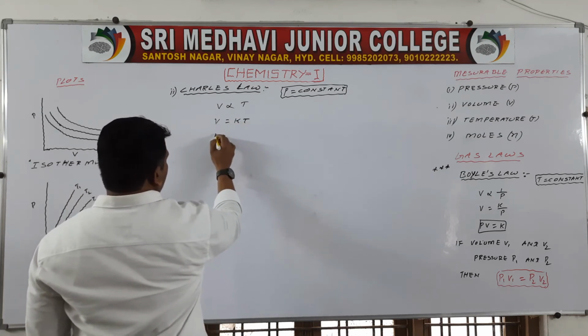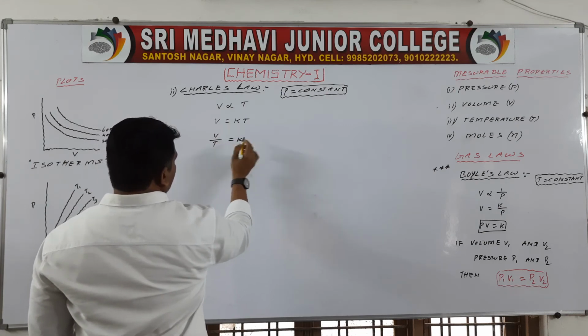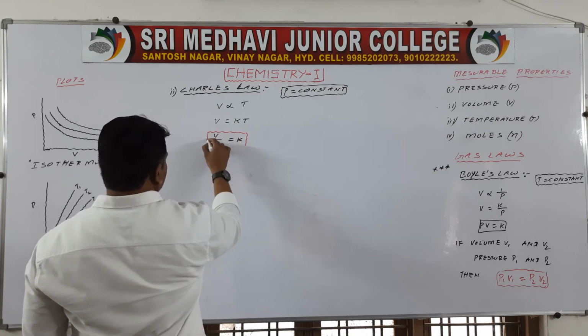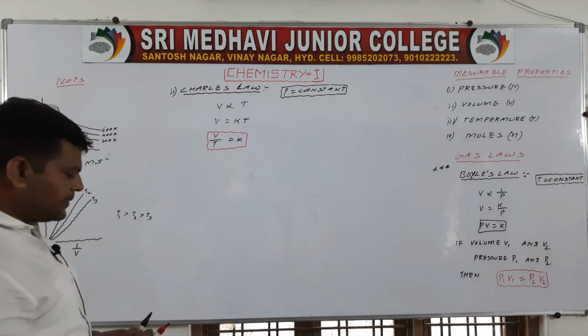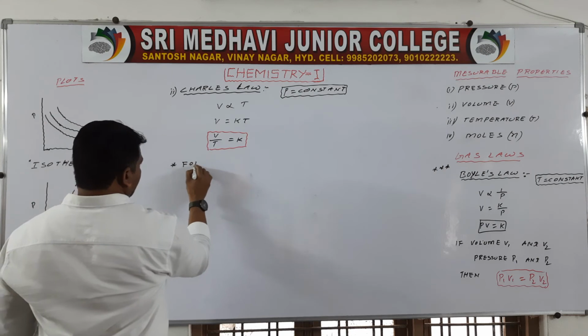Here V by T equals K. It is nothing but Charles' law.